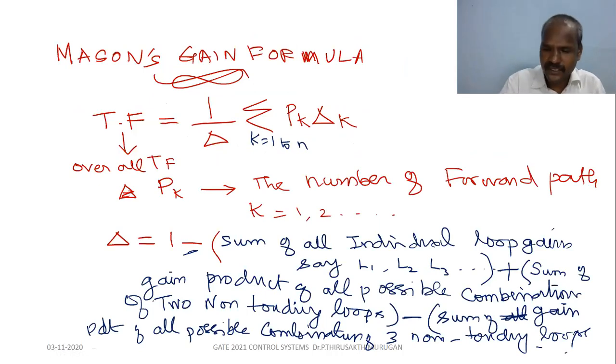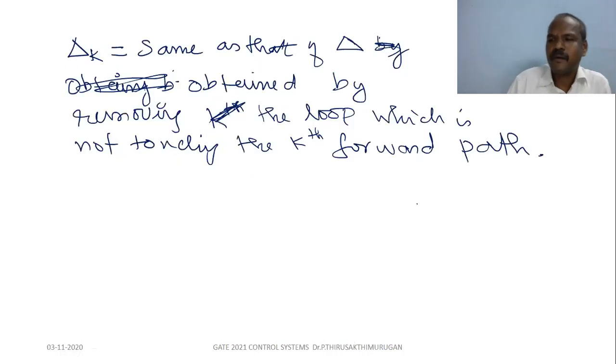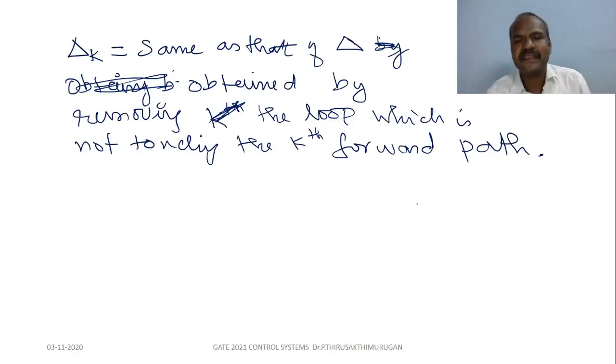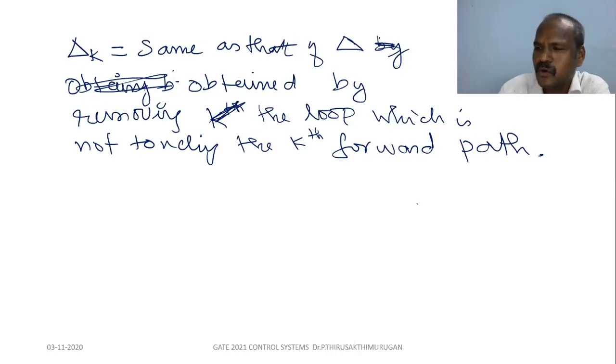The important note: the forward path can be traced through the graph from the input node to the output node without touching a node twice. The path gain is the product of all the branch gains in a path.